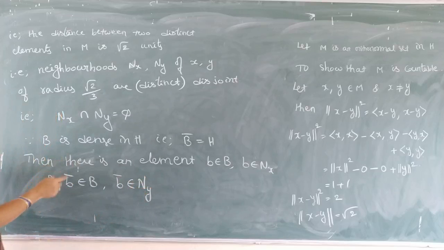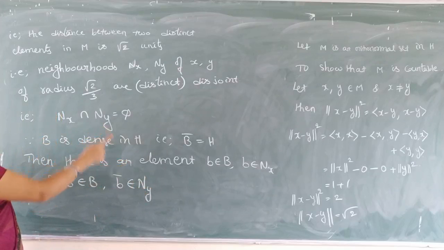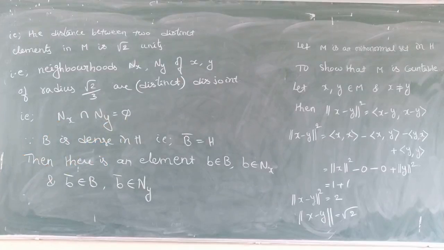So here there is no chance of this b belonging to Ny, or b bar belonging to Nx, because these two neighborhoods are distinct, disjoint. So there exists an element b belonging to B, and b belongs to Nx. Another element, b bar, belongs to the capital B, and b bar belongs to Ny.